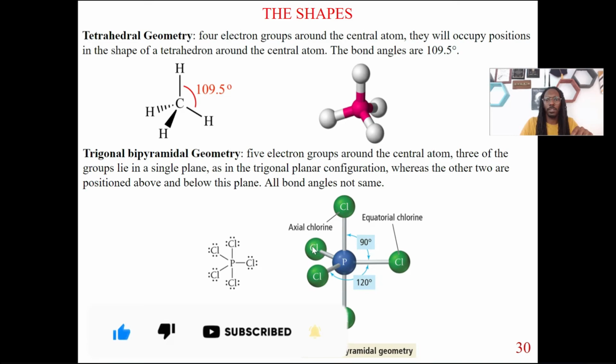In this case, they're in the equatorial position, and there's a 120 distance between these 3 chlorines. Now, my top and bottom chlorines are in my axial position. There's a 90-degree angle between the top and the plane, and the same distance right here, 90 between those 2. So in this case, trigonal bipyramidal, we see 2 different bond angles.